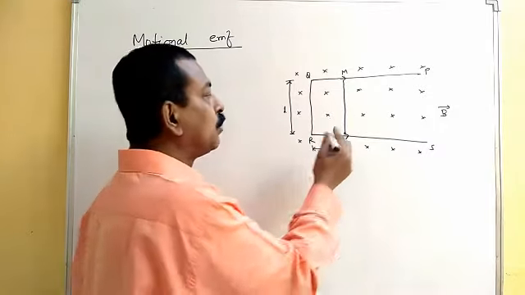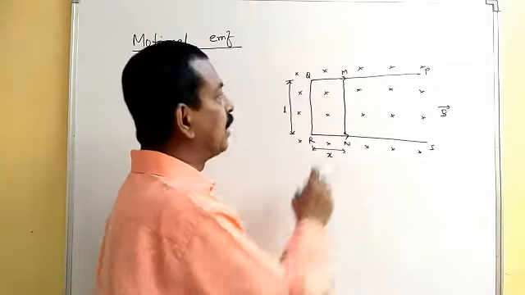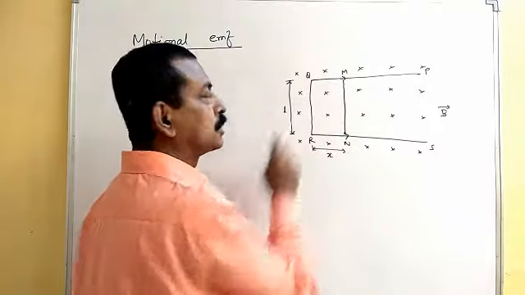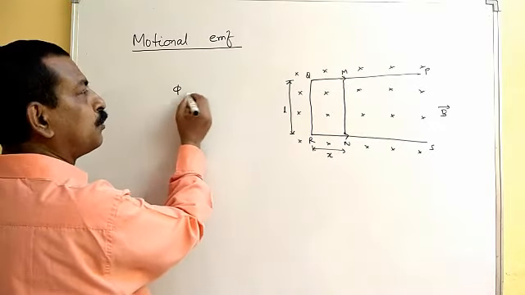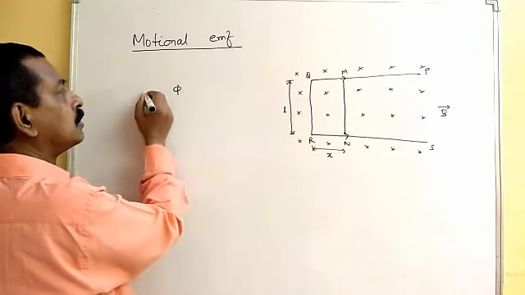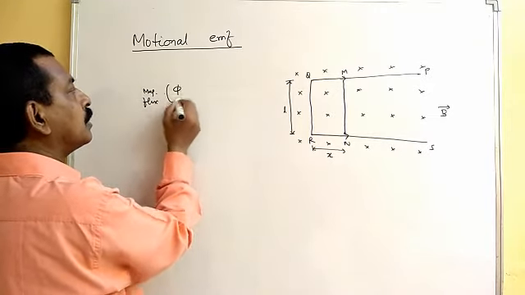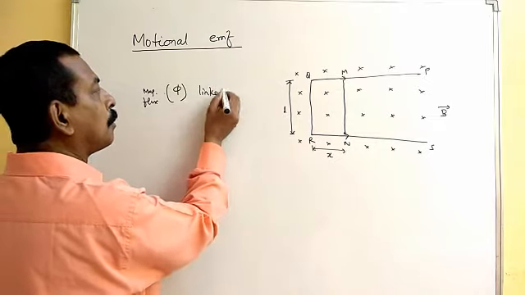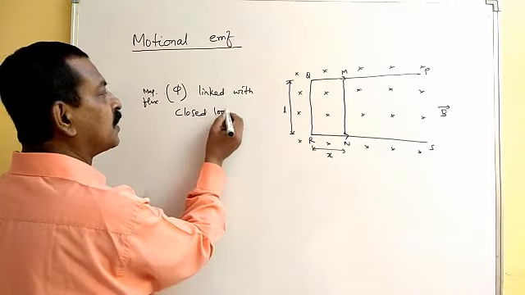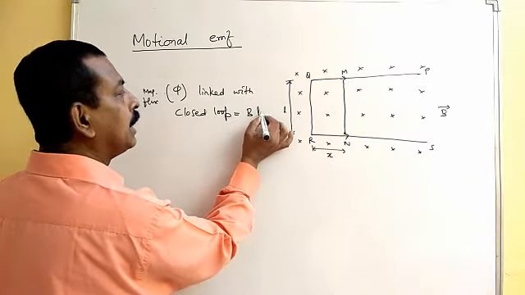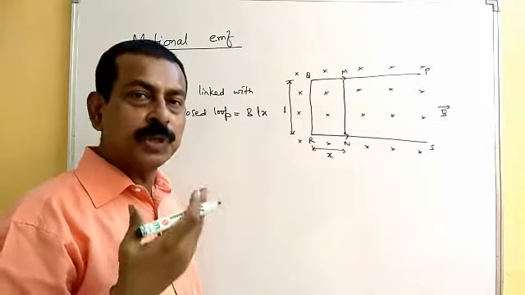So for this particular case, the magnetic flux linked with the closed loop MNRQ is BL into x, because it is B into A into cos theta.